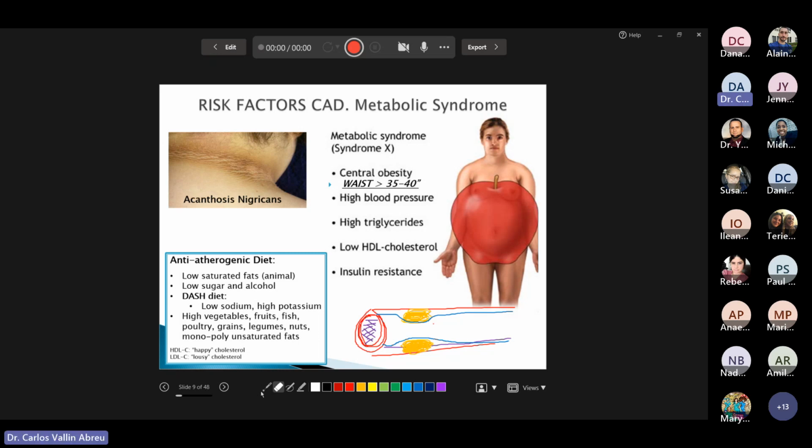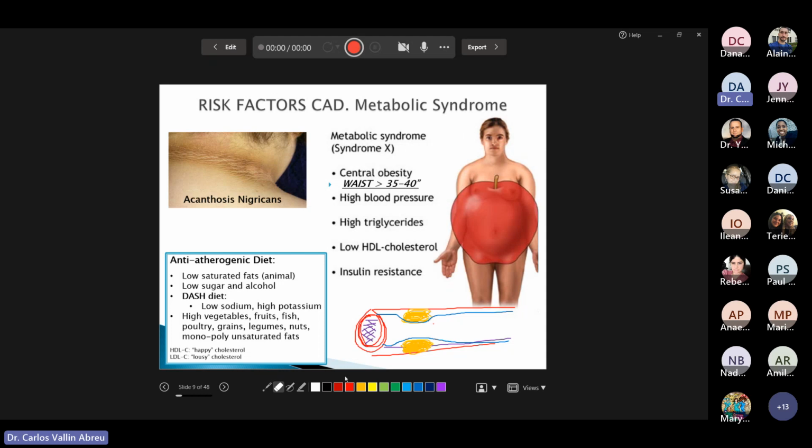What happens with people with this type of obesity? Well, these people will have a blood pressure that is higher than normal. You know that blood pressure should be equal to or less than 120/80. So you have those children, you check the blood pressure, and they have 128/84. This is not normal blood pressure. They already have pre-hypertension.